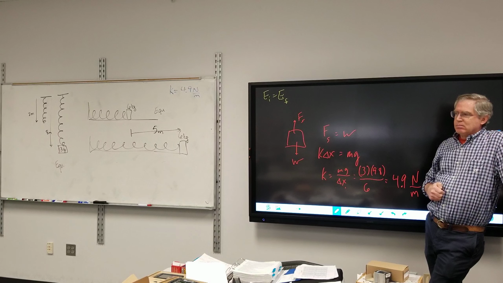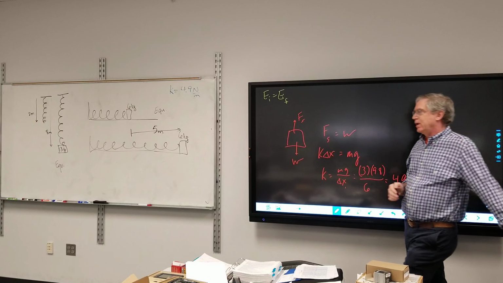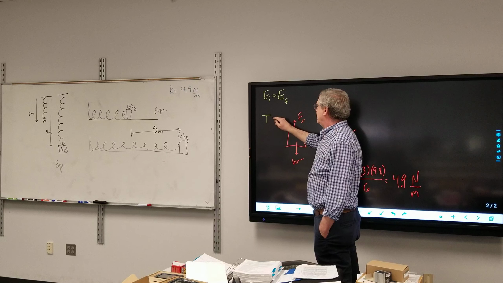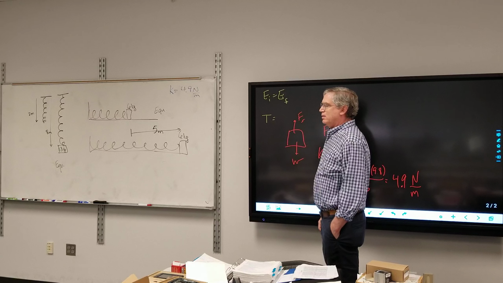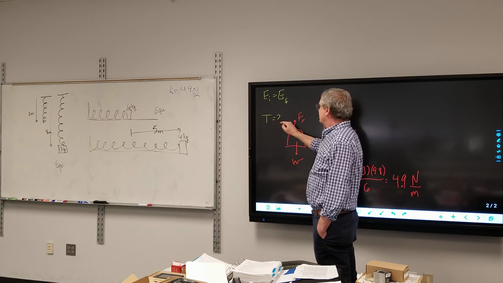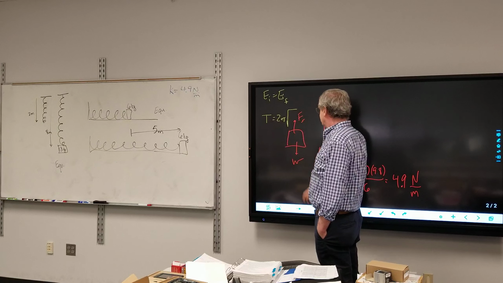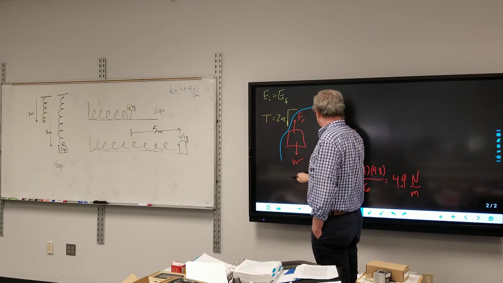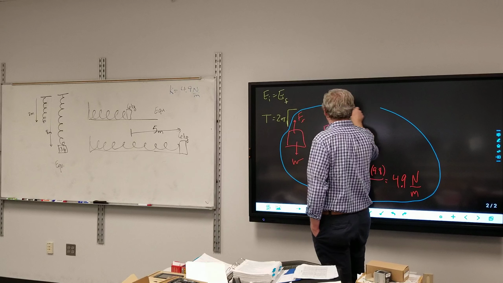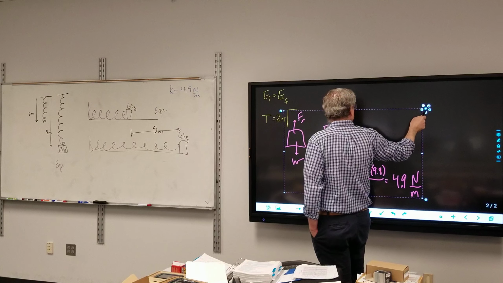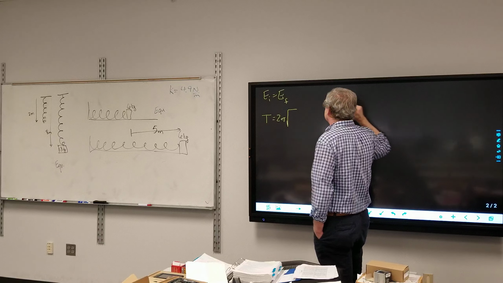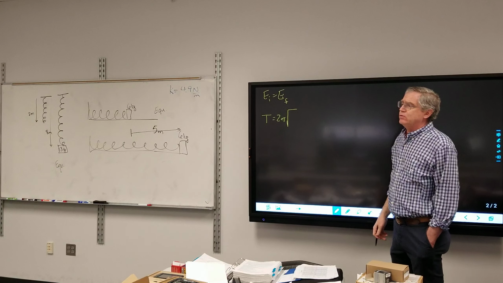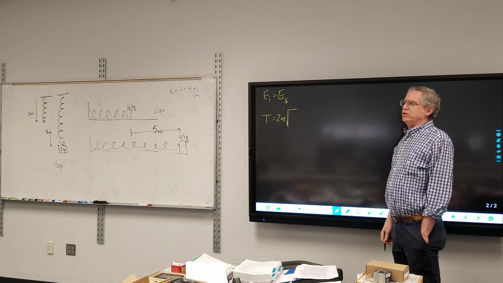Can we figure out the period? Okay, how do you figure out the period? Using the formula for the 2 pi root, 2 pi root L over G? No. What's wrong with the 2 pi square root L over G?